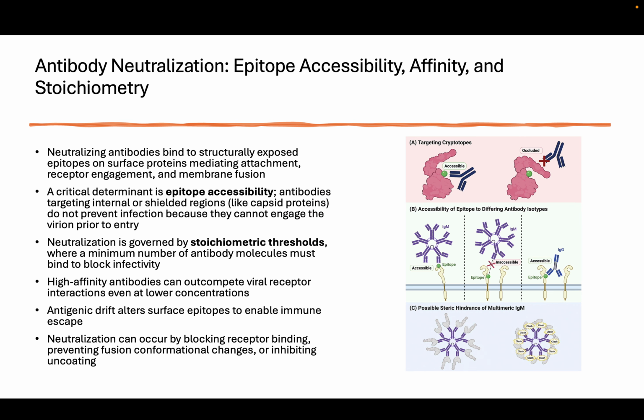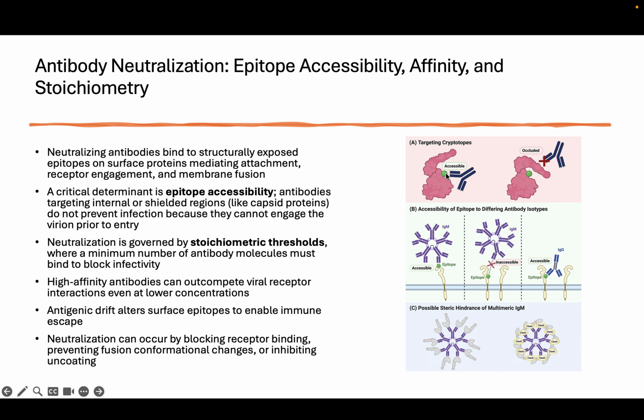So now we have antibodies that, other than having effector mechanisms, are also very important in neutralizing. Neutralizing really depends on the epitope, accessibility, affinity, and stoichiometry. What that means is that antibodies bind to an epitope.